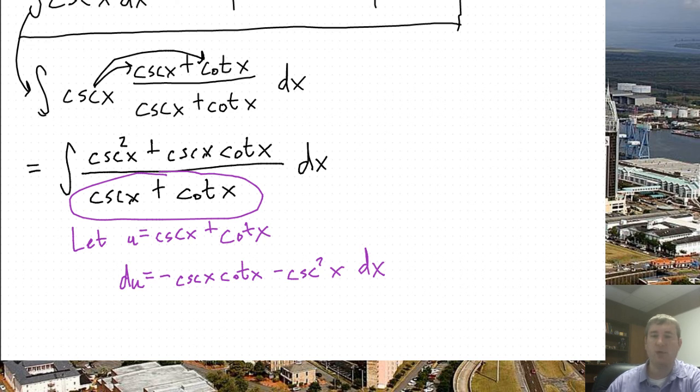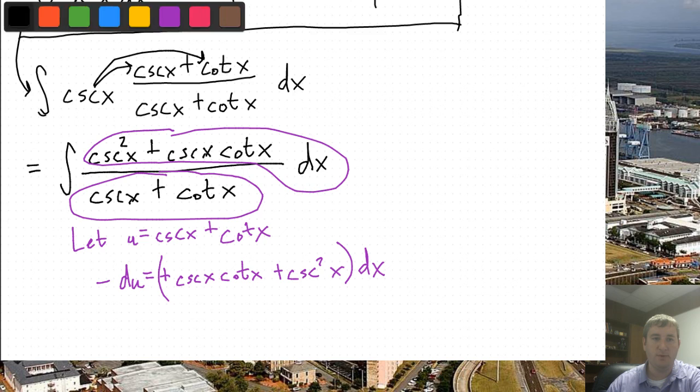So that's not quite what we have in the numerator, but again, we'll just do what we did last time. We'll stick a negative on the left, make the right side positive, and you can assume this is all in parentheses. That's exactly the top of my fraction.